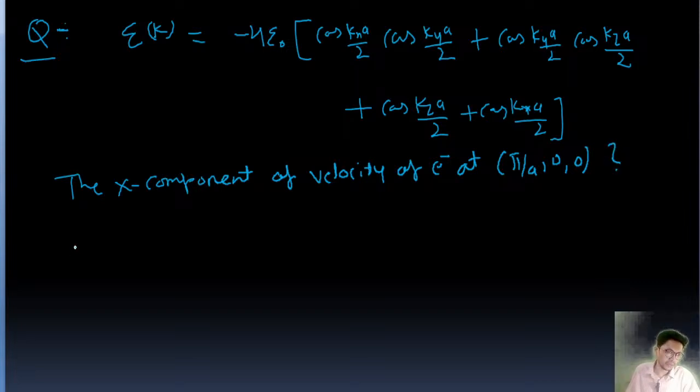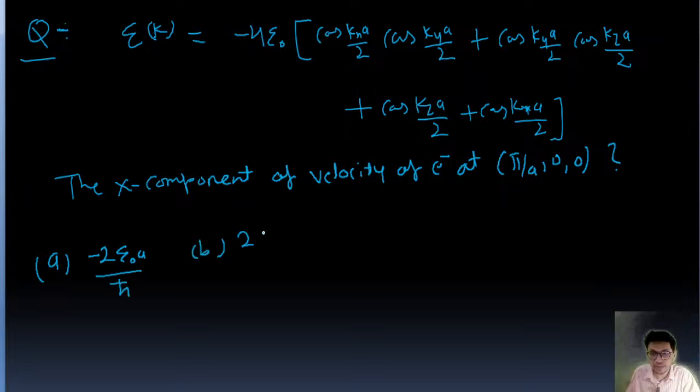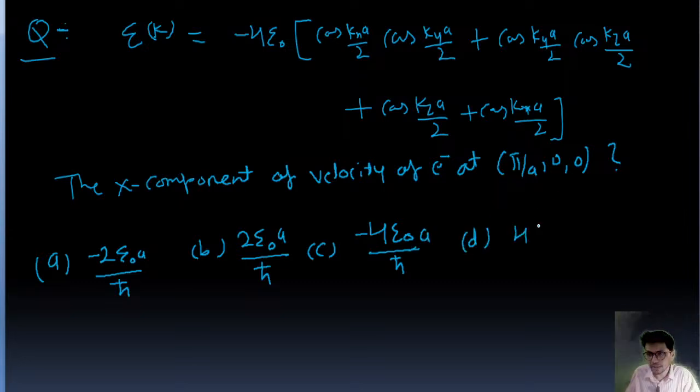That's what you need to find out, guys. Options are given. Option A is minus 2 epsilon 0 a upon h cut. Option B is 2 epsilon 0 a upon h cut. Option C is minus 4 epsilon 0 a upon h cut, and option D is 4 epsilon 0 a upon h cut.